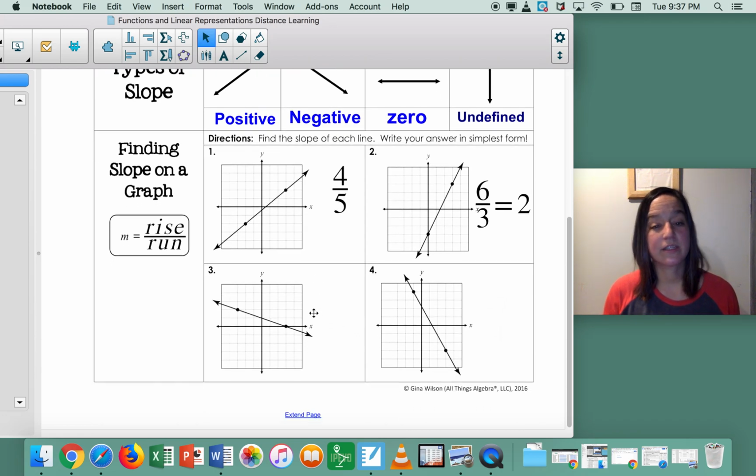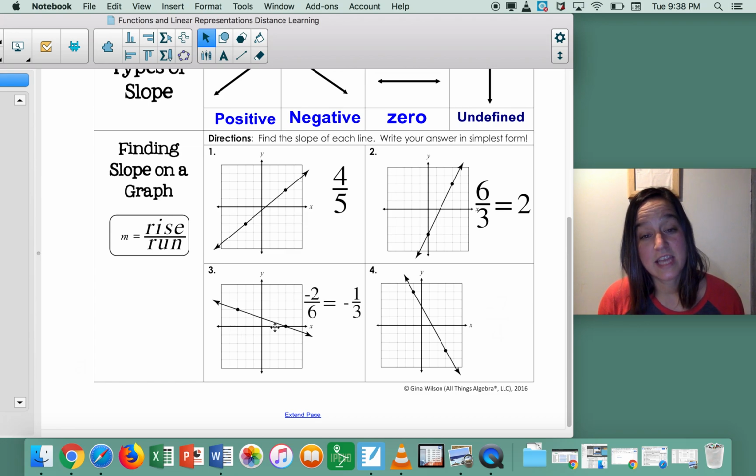Number 3, you can see it right away. What kind of slope is it? Is it going to be a positive or a negative slope? Hopefully you said negative. Because it's a negative slope, I'm still going to count my rise, which is actually going down. So it's not really my rise, but it is my change in y over my run. When I count that, I end up with -2 down and then over 6.